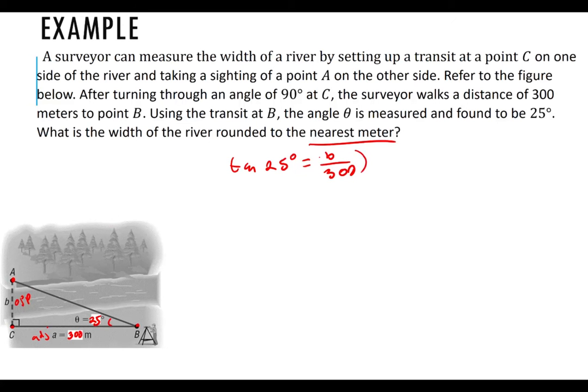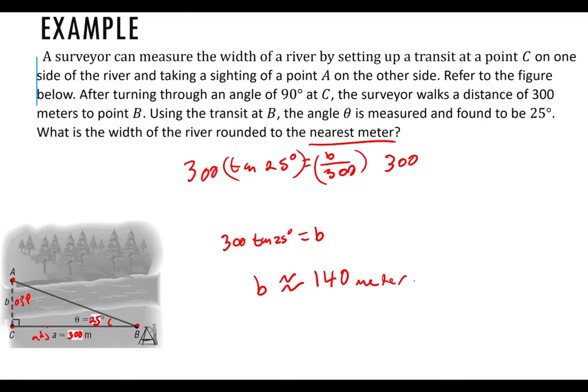Then I can solve for B, multiply both sides by 300. I get that B is then equal to 300 tangent of 25 degrees, double checking that you're in degree mode. 300 times tangent of 25, I get that B is approximately, rounded to the nearest meter, 140 meters. I got 139.8, and so rounded to the nearest meter, there we are.